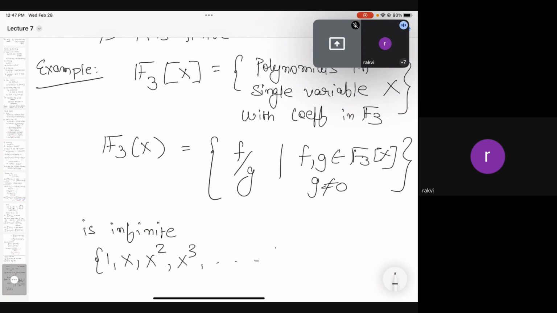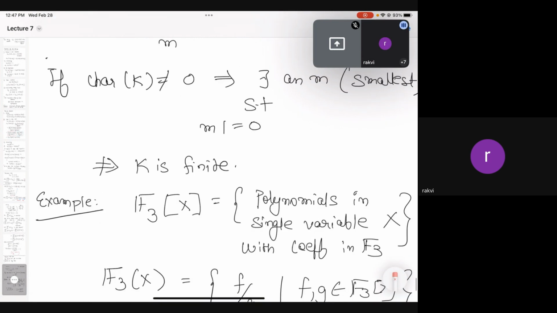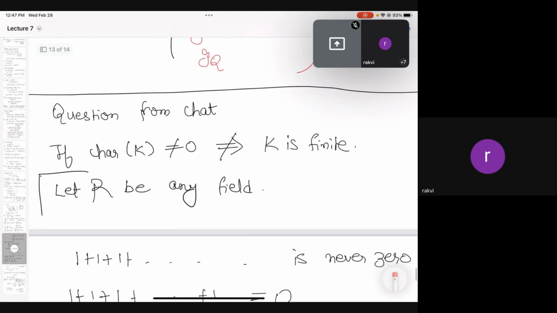So this is an infinite set contained in F3[x], which is contained in the quotient that we constructed. But it has characteristic 3 because if you take 3 times any polynomial, it will vanish. Just because the characteristic of a field is finite doesn't mean that as a set K has to be finite. It can be infinite.